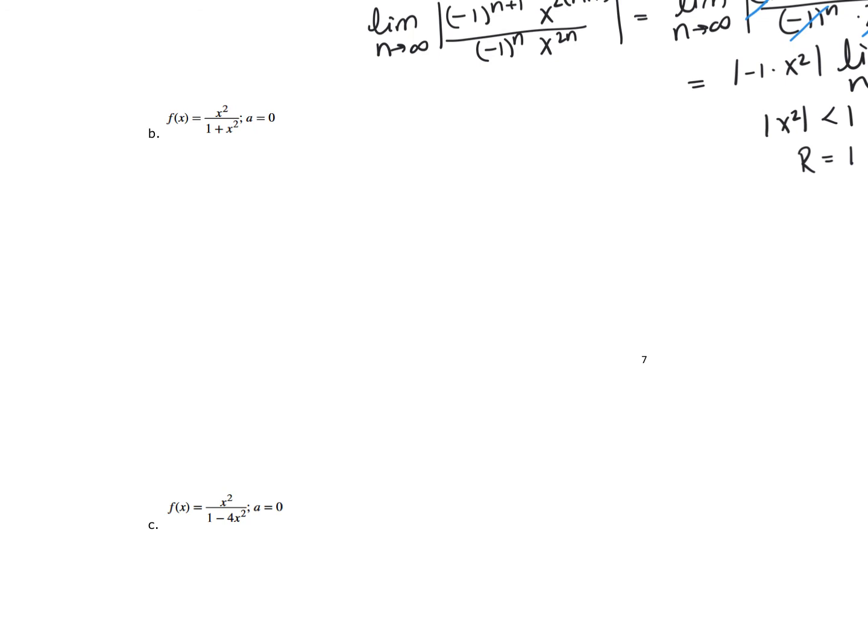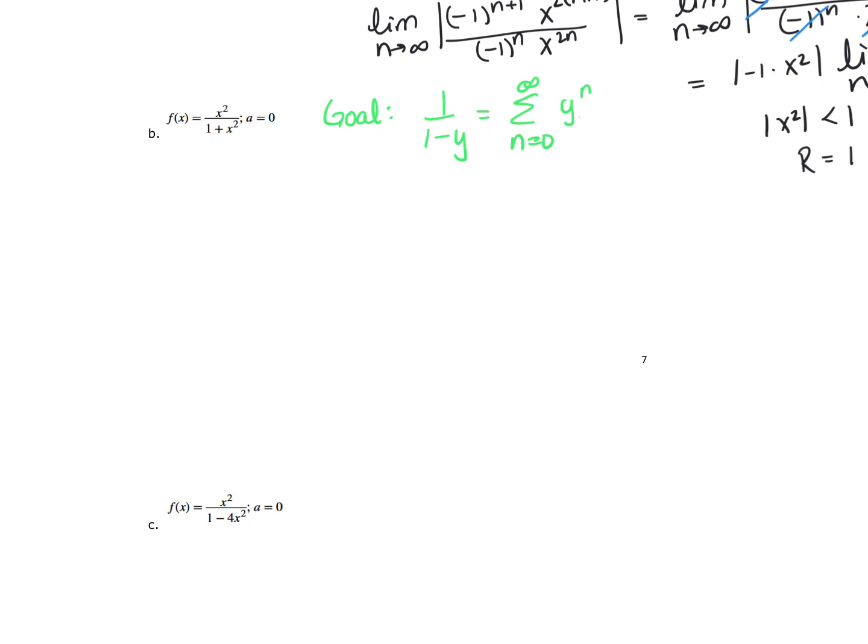All right, so again, my goal: 1 over 1 minus y would be equal to the summation of n equals 0 to infinity of y to the n. That's my goal, because we know that's always going to hold true.